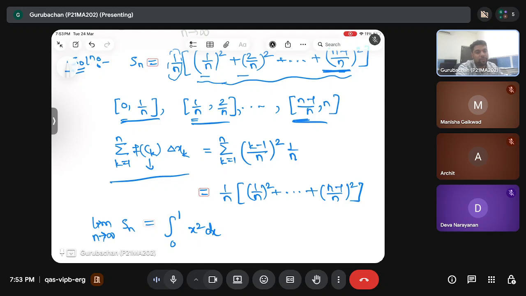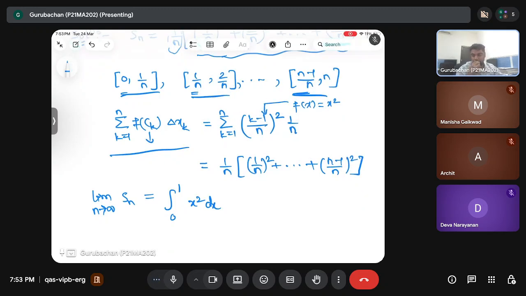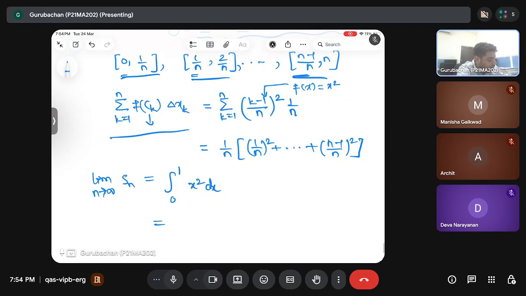Is it clear to everybody? So this value will be x cube divided by 3, 0 to 1.